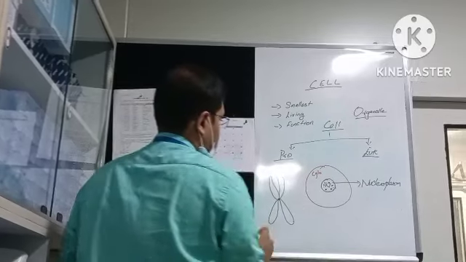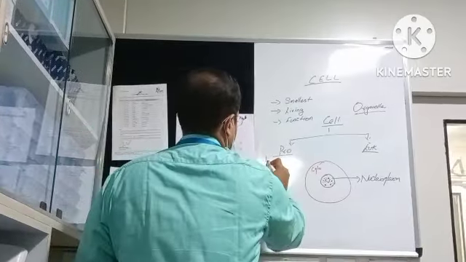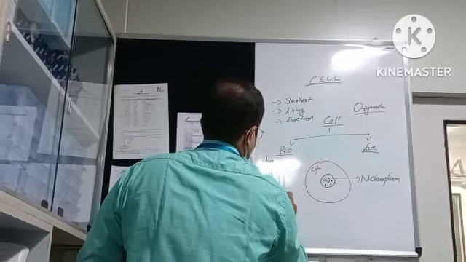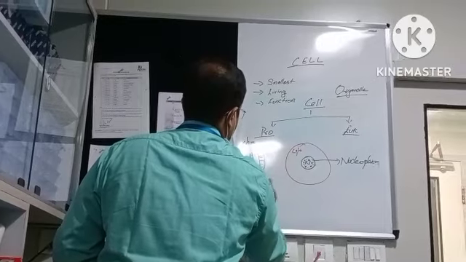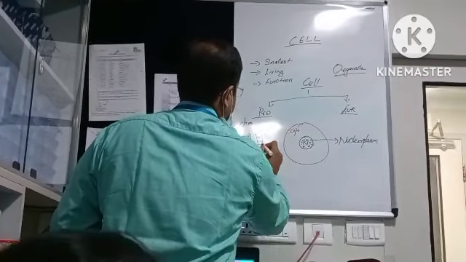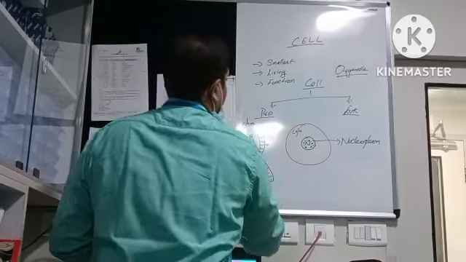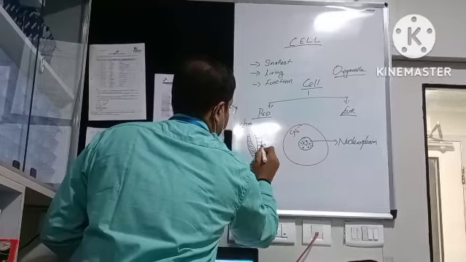This is a chromosome. Once you do G banding, you will see all these bright and dark bands. These are nothing but the genes. Each one will be one gene, so a gene will be a small part of your chromosome.